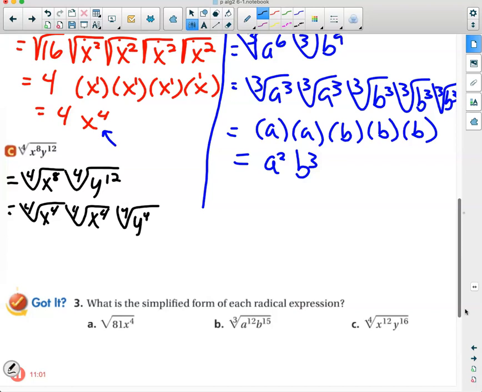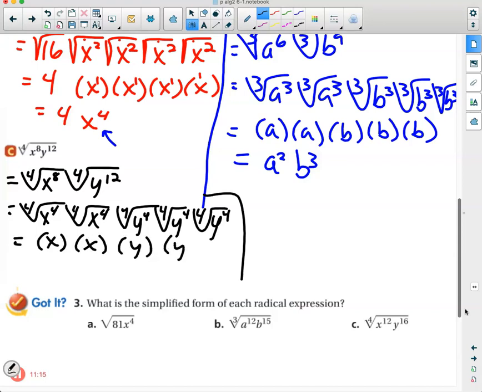Fourth root of y to the 4th, three times, so that we have 4 plus 4 plus 4, which is 12. And this would be x times y times y times y, which is x squared y to the third.